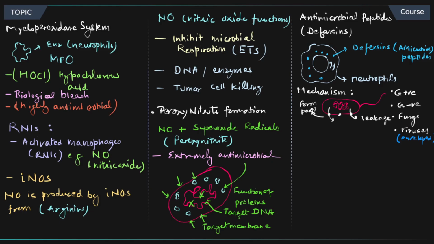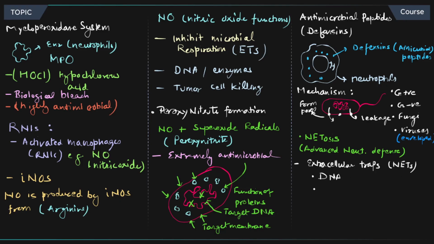Another one is called NETosis. Really interesting term. NETosis is basically an advanced neutrophil defense system. It involves extracellular traps, also known as NETs, extracellular nets, which are composed of DNA, histones, myeloperoxidase, the enzyme we already discussed, and elastase.